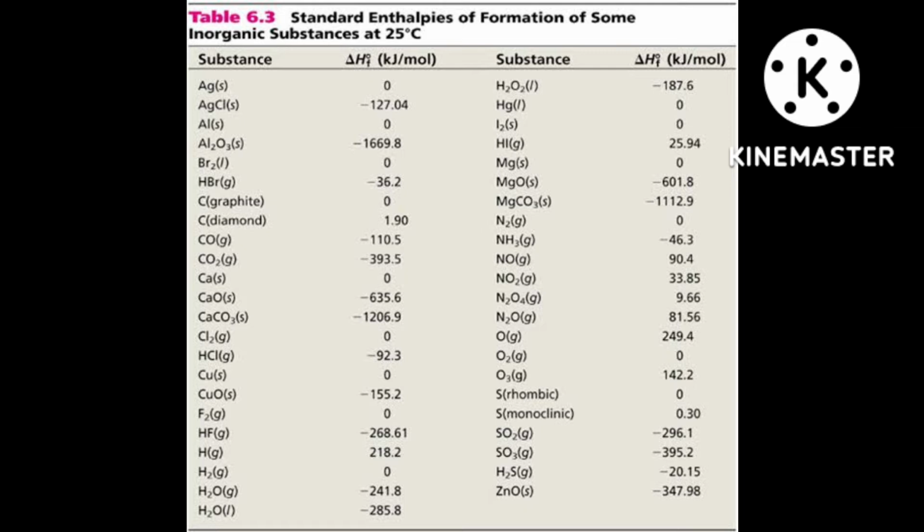Chlorine atom in gaseous state, its value is 121.68. These are the three values for the carbon atom, hydrogen atom and chlorine atom, not chlorine gas Cl2. Don't confuse.